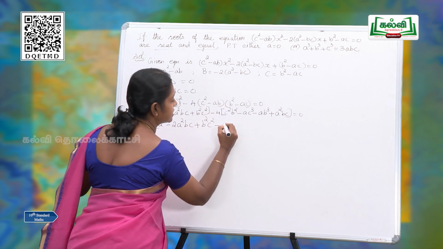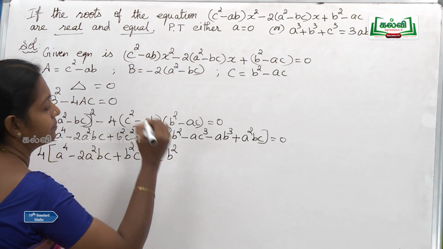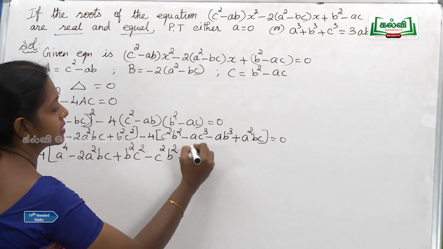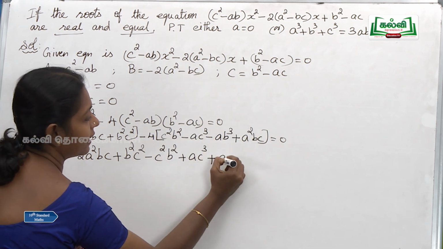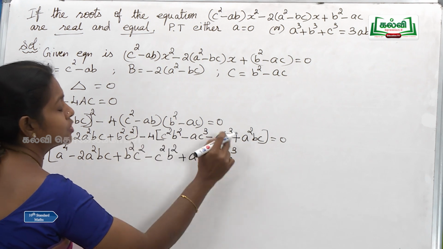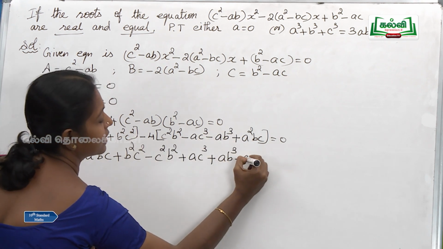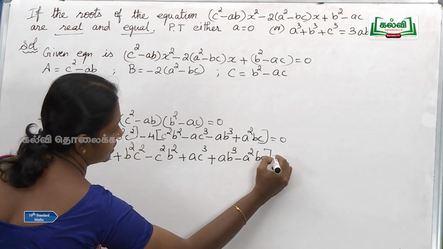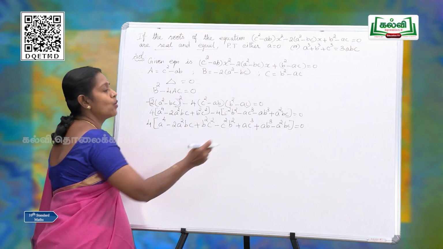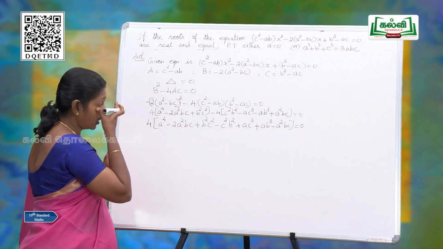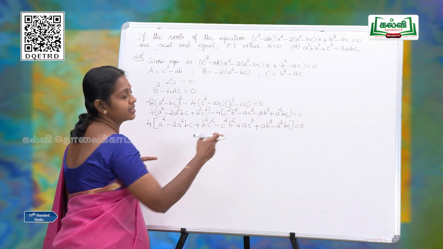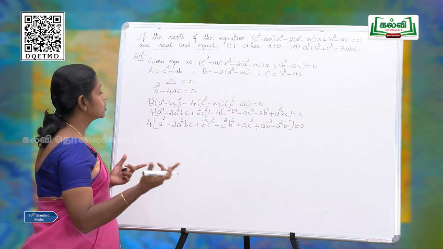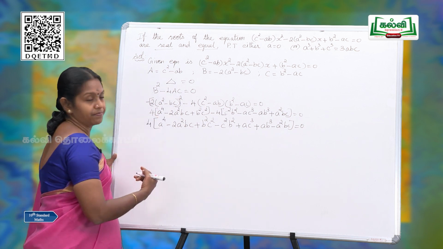So it will be minus c squared b squared minus into minus plus a c cube minus into minus plus a b cube minus into plus minus a squared bc, which is equal to 0. Don't forget to write this 0, okay, then only you will be getting the answer, right. If I am taking this 4 on that side, that will also become 0. So no need to write it in the next step, okay.